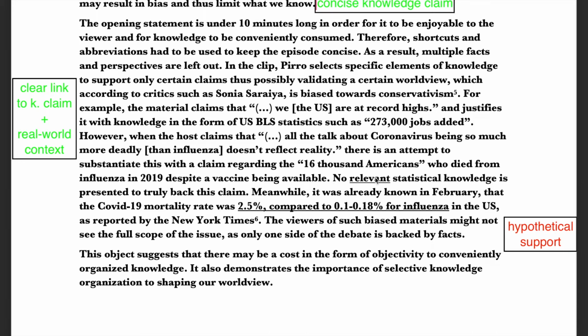No relevant statistical knowledge is presented to truly back this claim. Meanwhile, it was also already known in February that the COVID-19 mortality rate was 2.5% compared to 0.1% to 0.18% for influenza in the US, as reported by the New York Times.